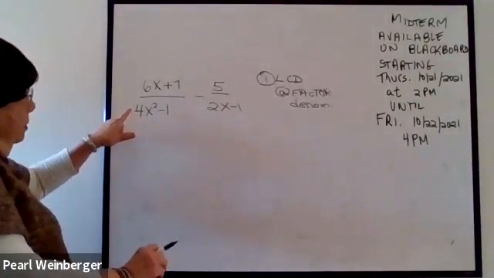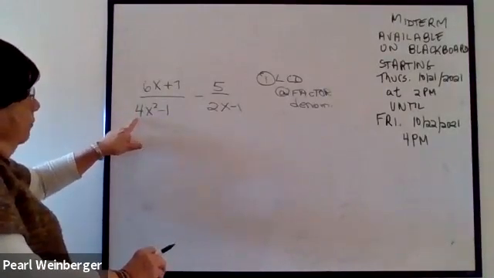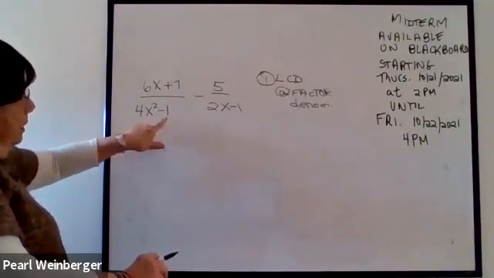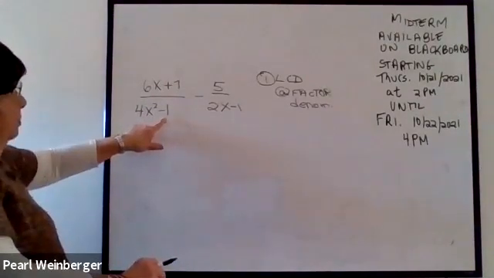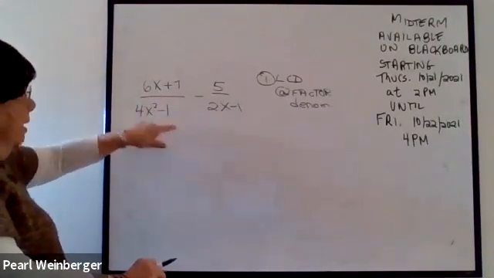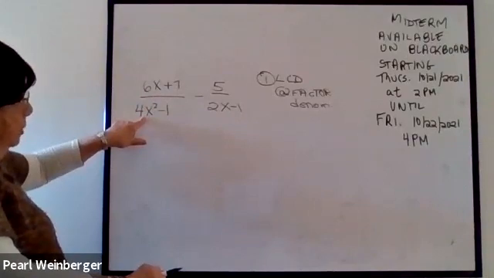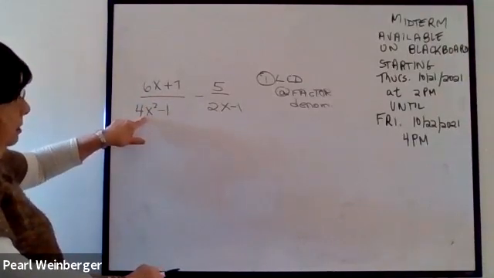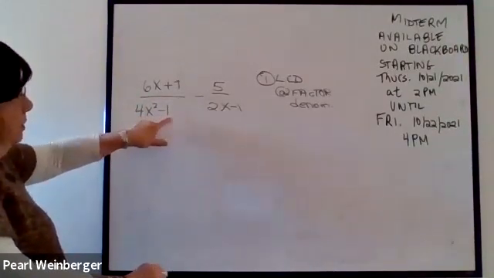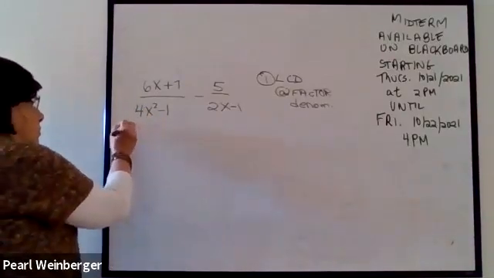So let's look at our denominators. Can I factor 4x squared minus 1? And the answer is yes. There's no common factor, but 4x squared is 2x times 2x, and 1 is 1 times 1. This is the difference of squares.